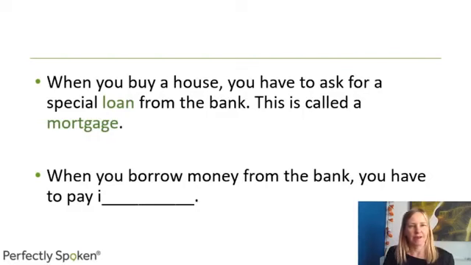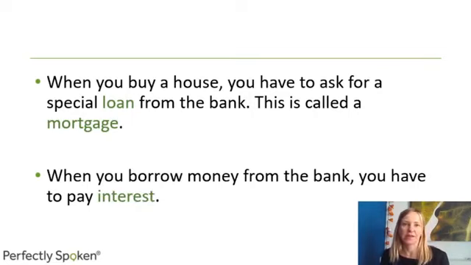Because usually a mortgage is for 20 years, 25 years, 30 years sometimes. Okay, so a mortgage. Notice you don't pronounce the T. Okay, and when you borrow money from the bank, you have to pay interest. Yeah, sometimes it's 1%, 2%, 3%, 4%.